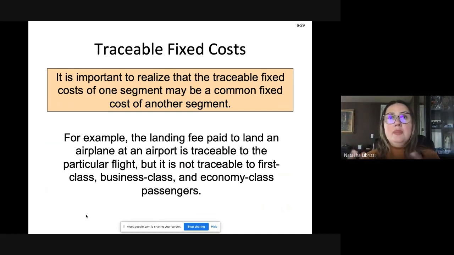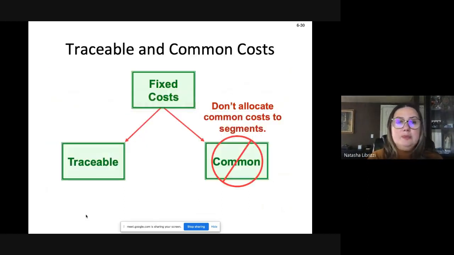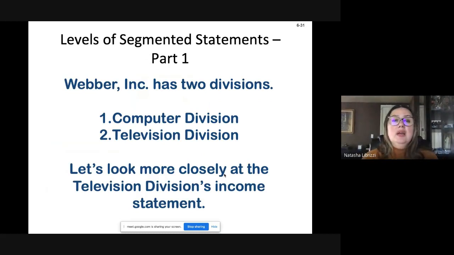Some have hubs and almost own the whole gate, and some have to rent per flight or per gate. Those things become very important if you're working for one of those companies and want to do calculations. So just to make sure, for fixed costs, traceable we're going to allocate, and common cost we're not going to allocate. This way we can make a good, clean decision on whether the division should still exist.